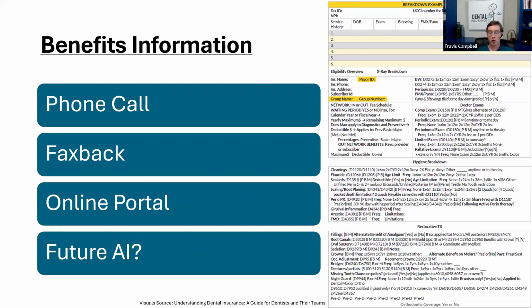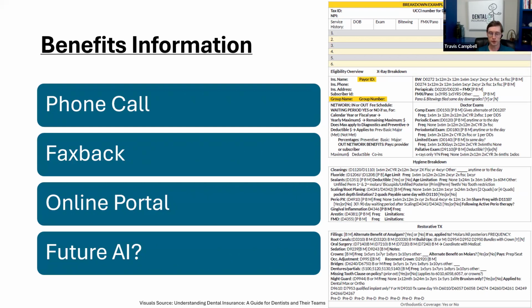Now, you can get partial information from a fax back. Basically, call a company, go through an automated list, and then they fax you a couple sheets or one sheet with at least basics of coverage. You might get maximum and deductible, but you're not likely to get the level of detail that's on the second half of this form, which is the breakdown of each individual code and all the common limitations to payment of those codes.